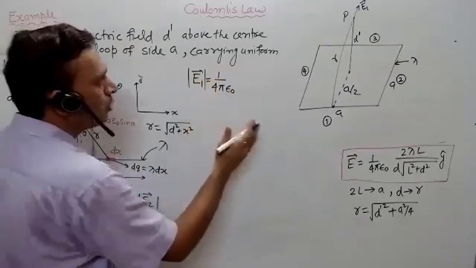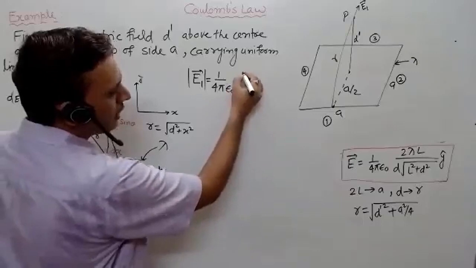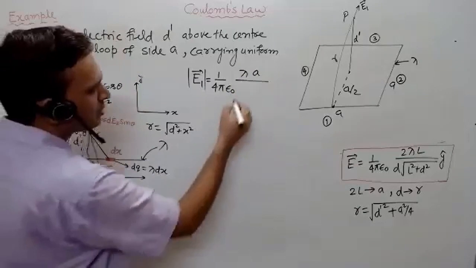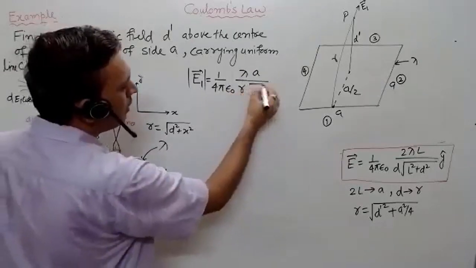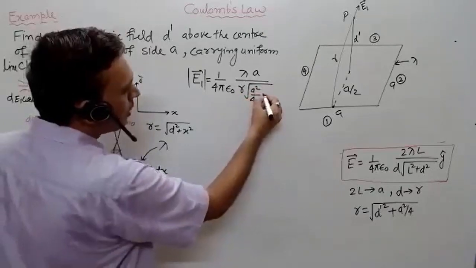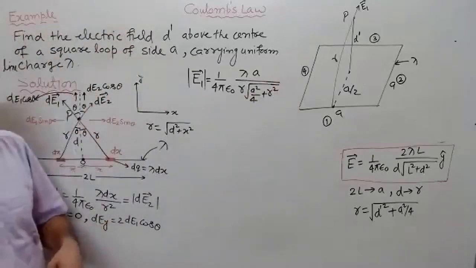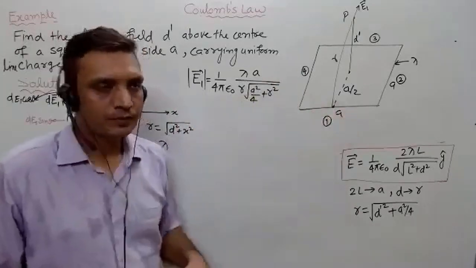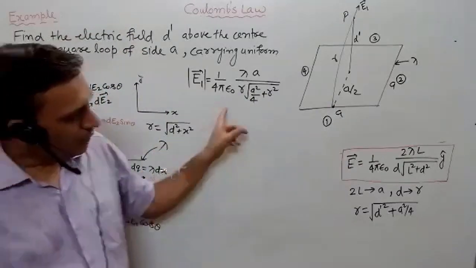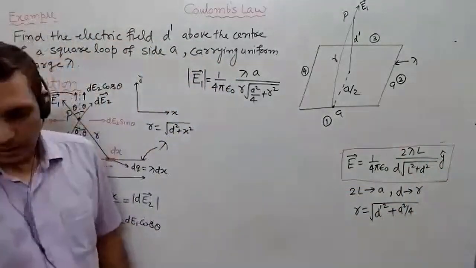Write down the magnitude, because you know this is the direction, and you will get lambda into a by, d replaced by small r, under root l is a square by 4 plus r square. This is the magnitude E1 due to segment 1. Is it clear? Where small r is under root d dash square plus a square by 4. ठीक है?